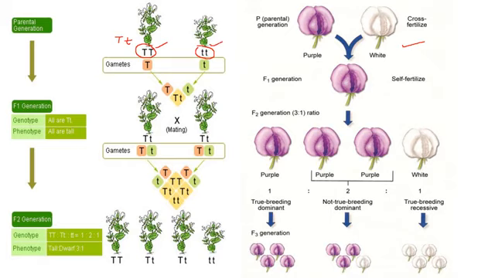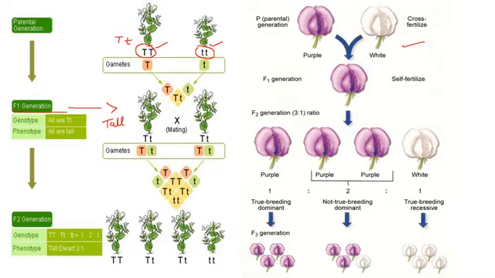Both are pure, meaning both have the same type of set of genes. First of all, they are crossed with each other. When they are crossed, in the first filial generation we saw that all the plants were tall.